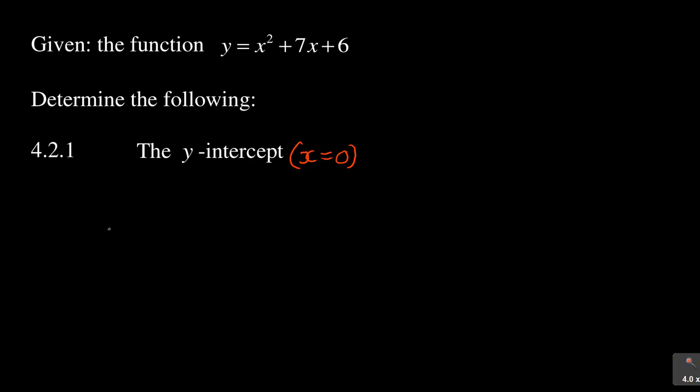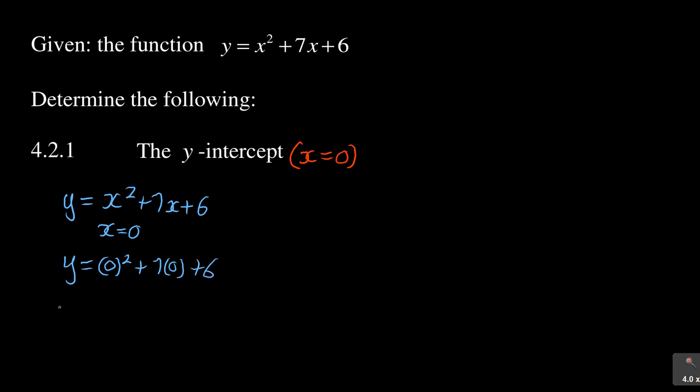It says find the y-intercept. So what you do is you write the statement y is equal to x squared plus 7x plus 6. And remember, x is equal to 0. So what we have is y is 0 squared plus 7 times 0 plus 6, and if you use a calculator, that will simplify to 6.